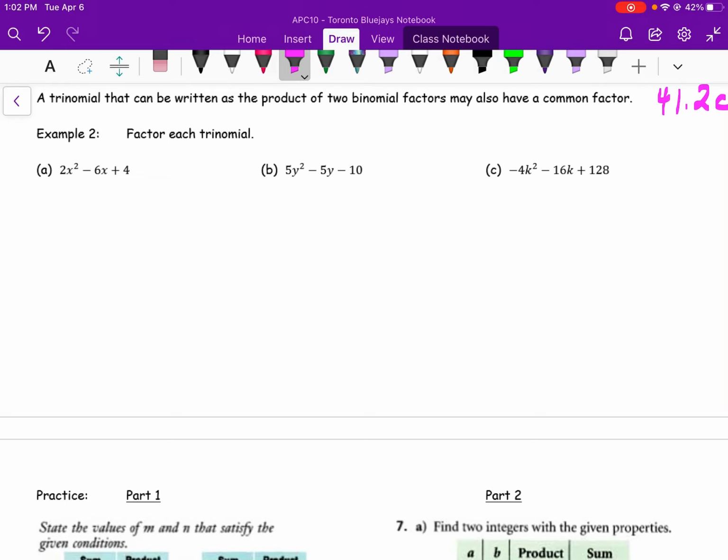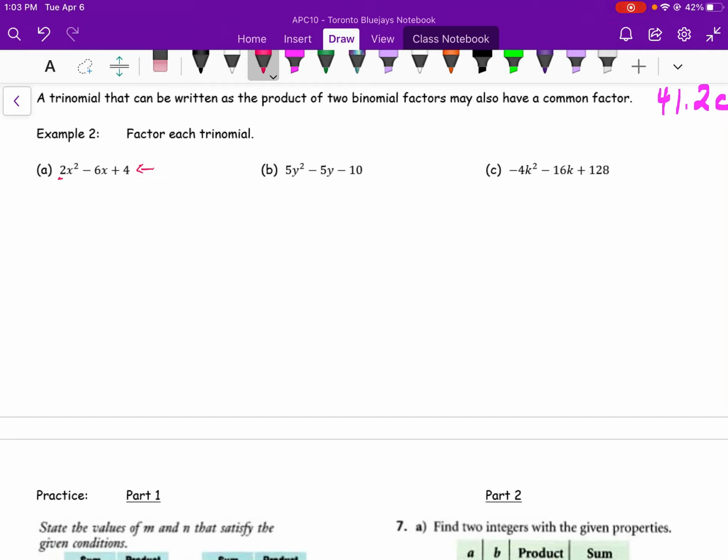Example 2, A. We're going to factor this trinomial. So when I look at this trinomial, I notice that the leading coefficient is 2, that is, the number in front of the x squared is no longer 1.